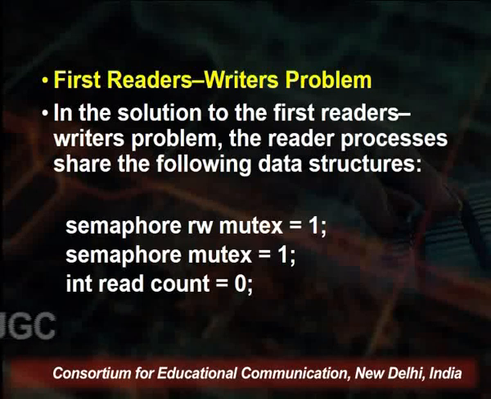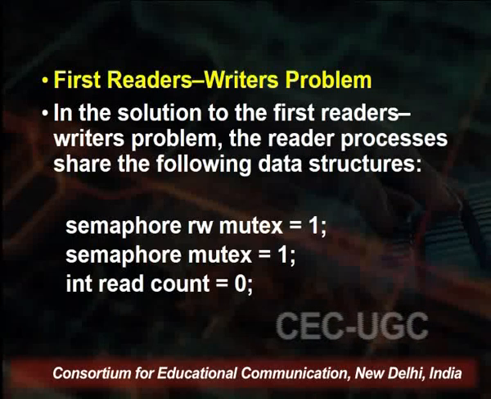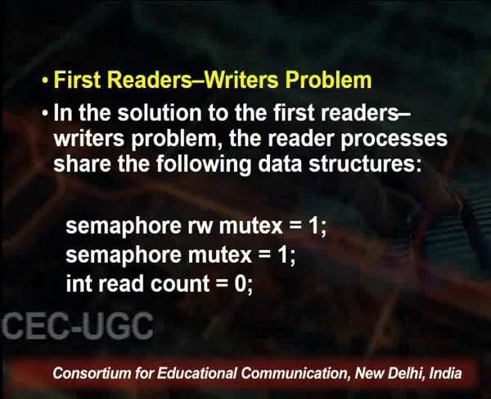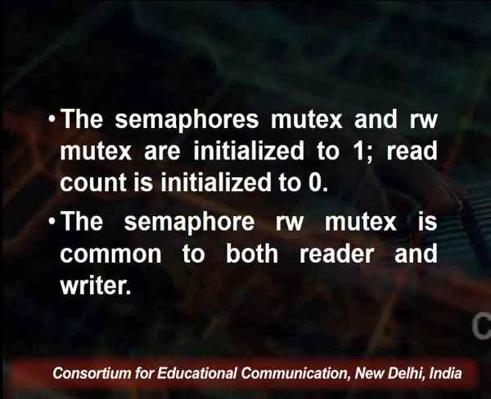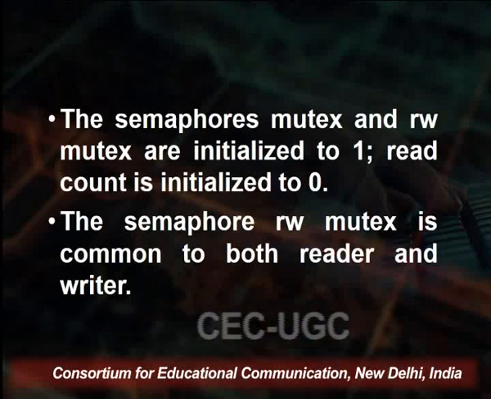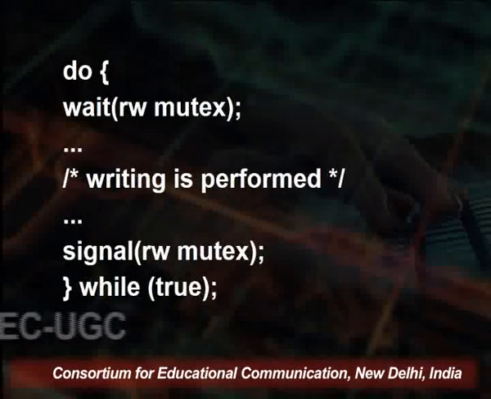Another one is the mutex, not the rw_mutex, which is going to be accessed by all the readers, and how many readers are accessing is going to be tracked with the help of the integer read_count. So semaphores mutex and rw_mutex are both initialized to 1 and read_count to 0. The semaphore rw_mutex is common to both readers and writers, while the semaphore mutex is only for readers.